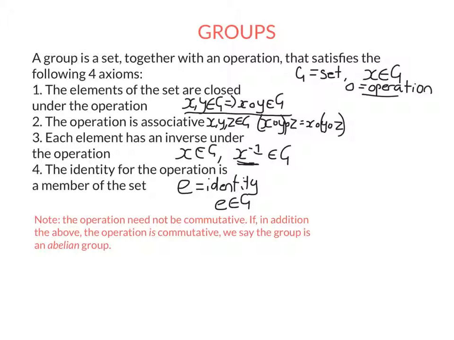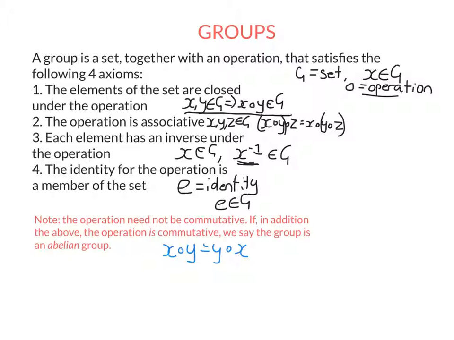Again, the operation does not need to be commutative. Commutative, again, means that the order does not matter. An operation is commutative if X operation Y is the same as Y operation X. You're used to addition and multiplication being commutative because the order doesn't matter. But the operation we're talking about isn't required to have that property.